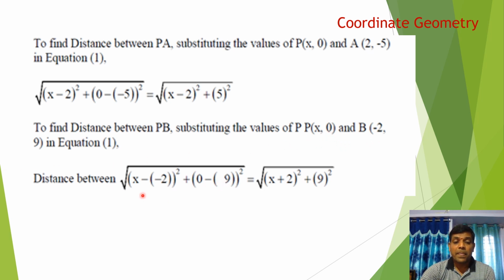Now the next step: x minus of minus 2 is written as x plus 2, whole square, plus (0 minus 9), which is minus 9, whole square. Minus 9 square and plus 9 square are the same. So this is root over (x plus 2) whole square plus 9 square, because minus 9 square means plus 81, and 9 square also is plus 81.